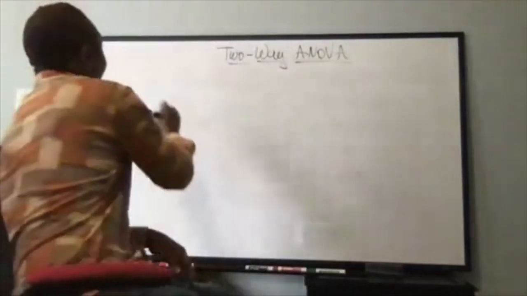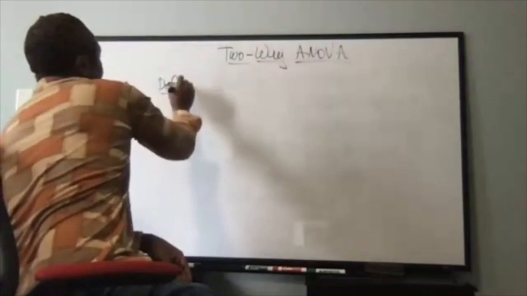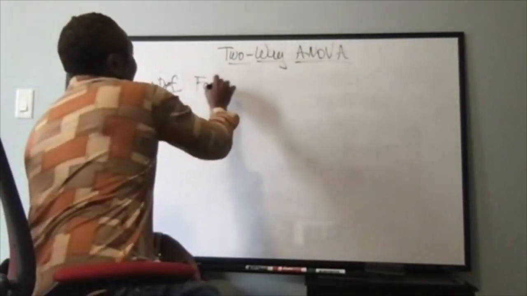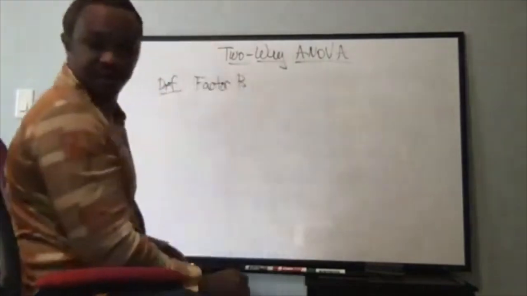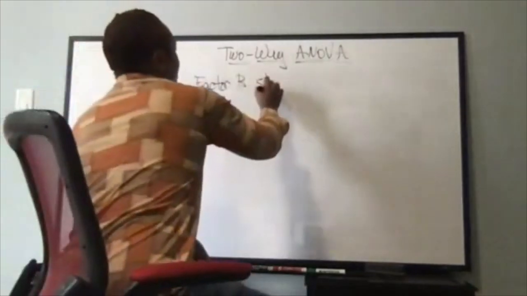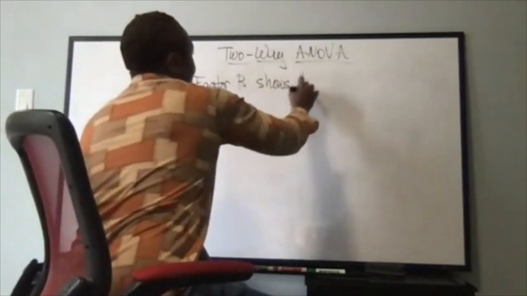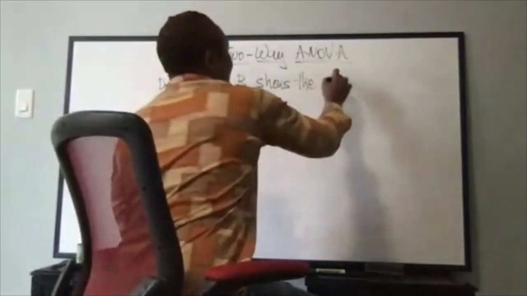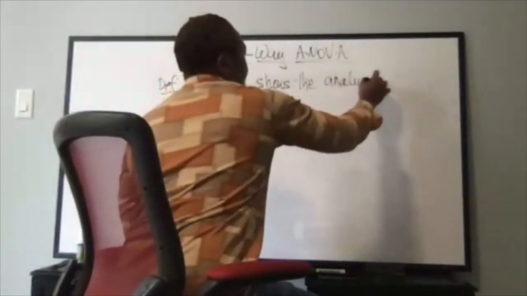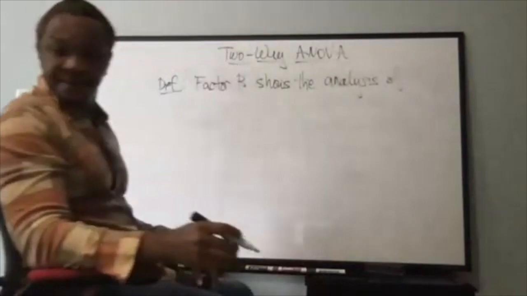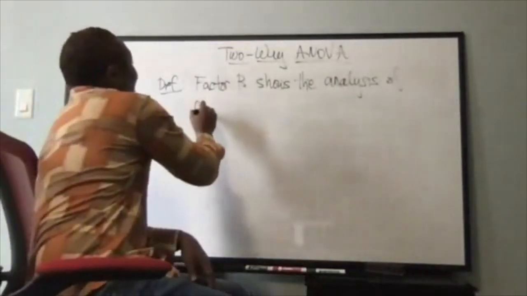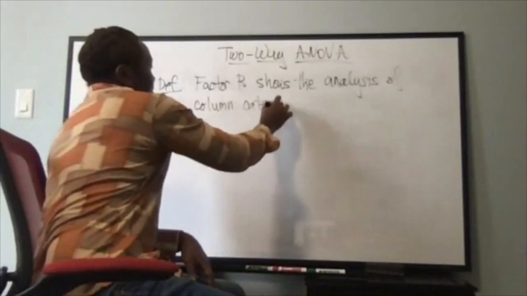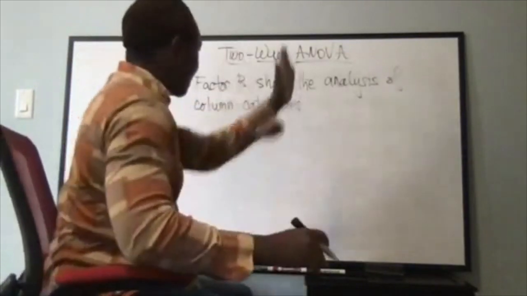All right, so I'm going to say definition. And as I clarified earlier, I'm going to start with factor B since that's what we're used to. Factor B shows the analysis of column categories on the data. You know, columns are straight up and down, right?